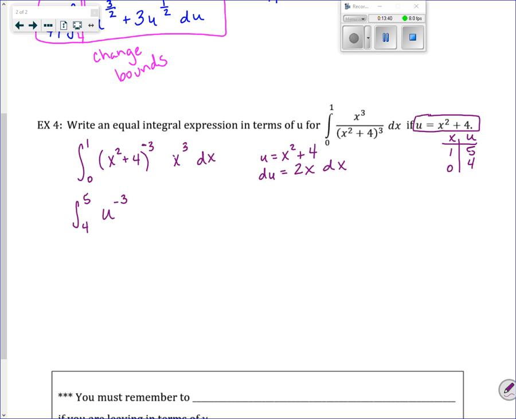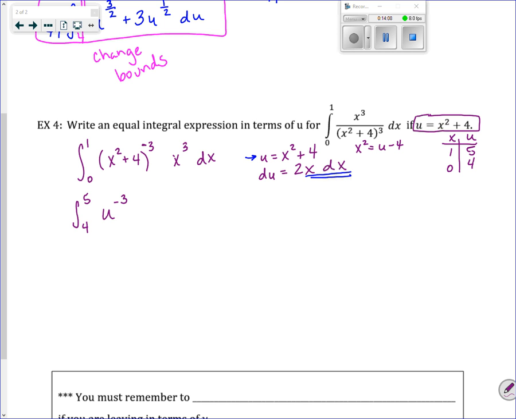I have an x dx, so it'd be really easy to replace an x dx. Oh, wait. And I also have u is x squared plus 4, so it would be really easy to say that x squared is equal to u minus 4, correct?